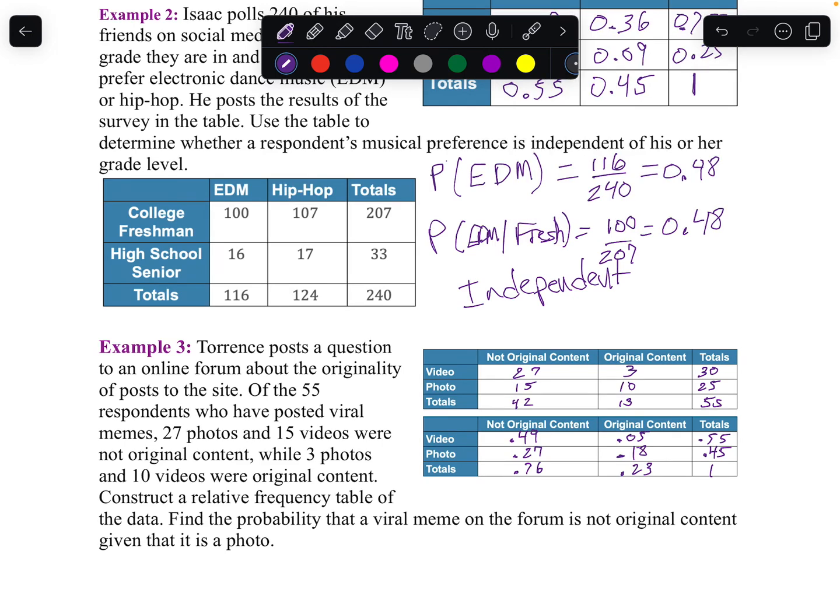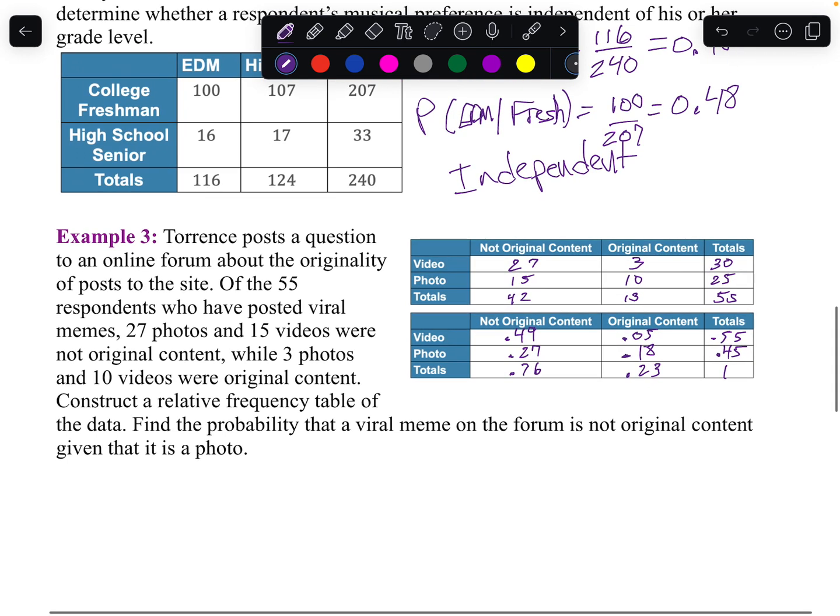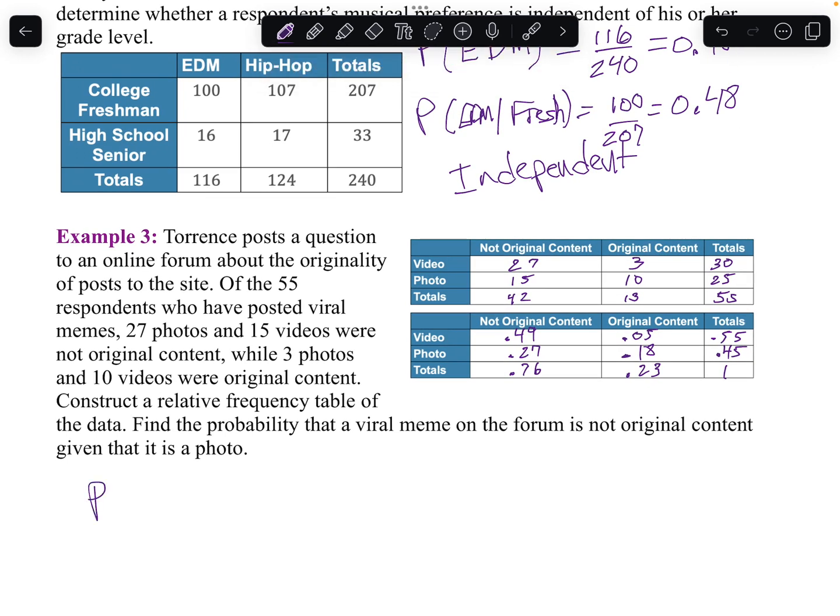Find the probability that a viral meme on the forum is not original content, given that it's a photo. So I want to find the probability that it is not original, given that it's a photo. So for my sample space, I'm going to look at my photo row.